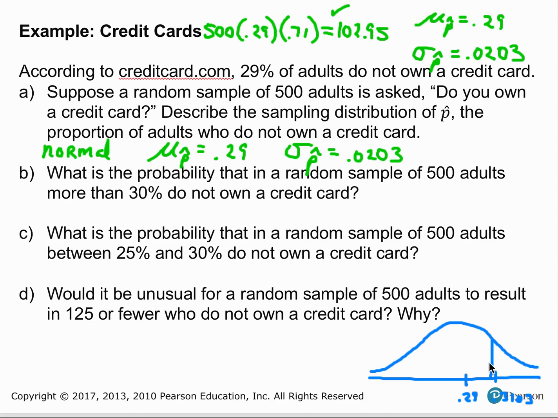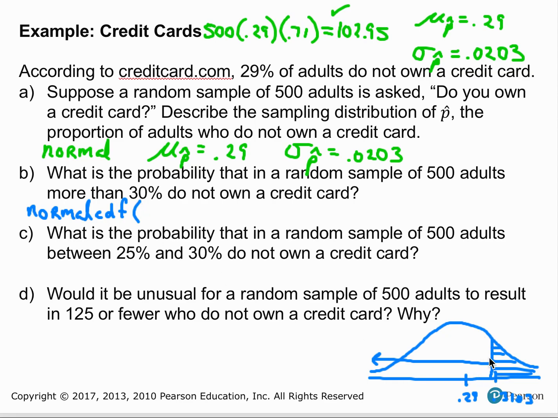Remember, our calculator, just like the chart, is going to give us this number, and it's asking about this value. So remember to go to second vars to get into your distribution. Choose your normal cumulative, normalcdf.